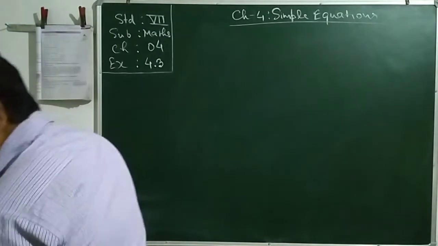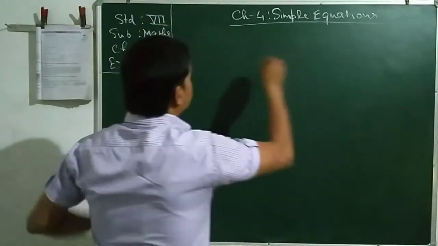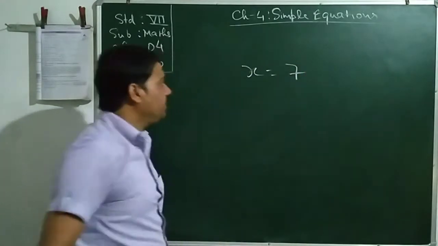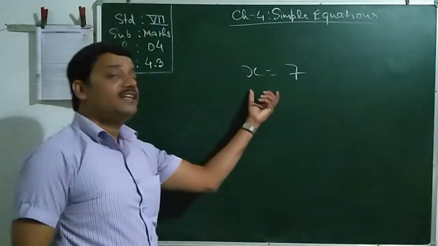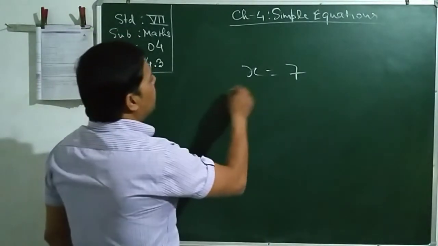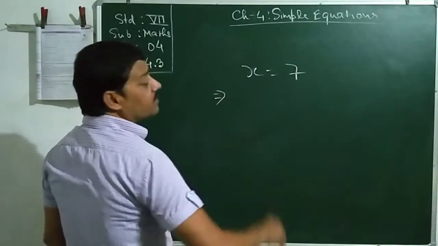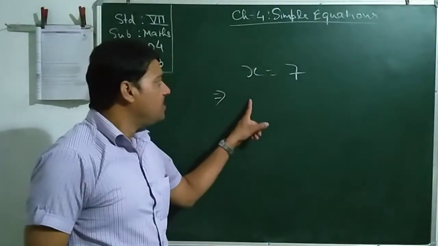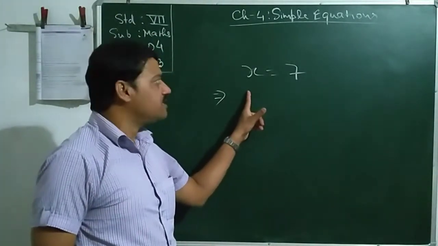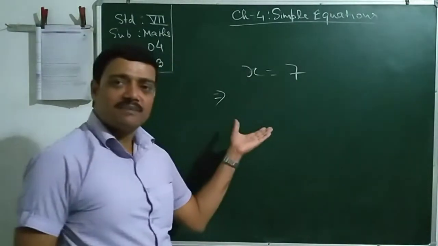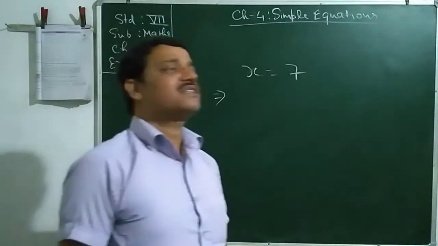How to make the equation? Assume x equal to 7. It is given here. We need to make the equation from this solution. x equal to 7, we can write it both the ways as I had explained you. If we add something in the LHS, we have to add something in the RHS. If we subtract something in the LHS, we need to subtract something.